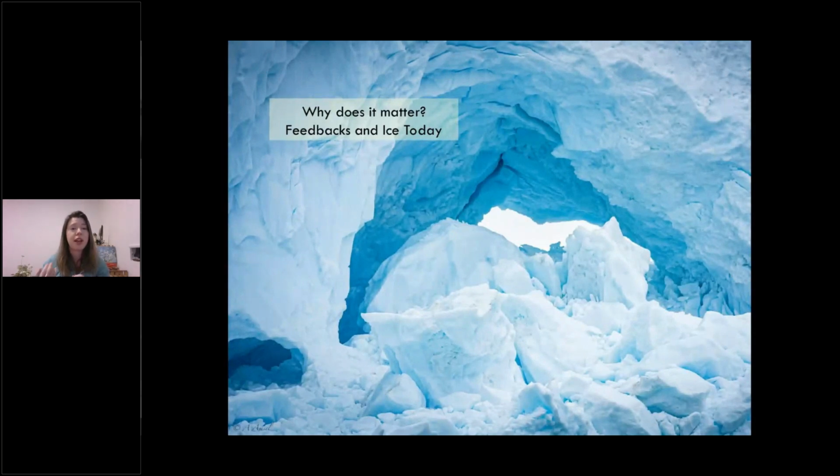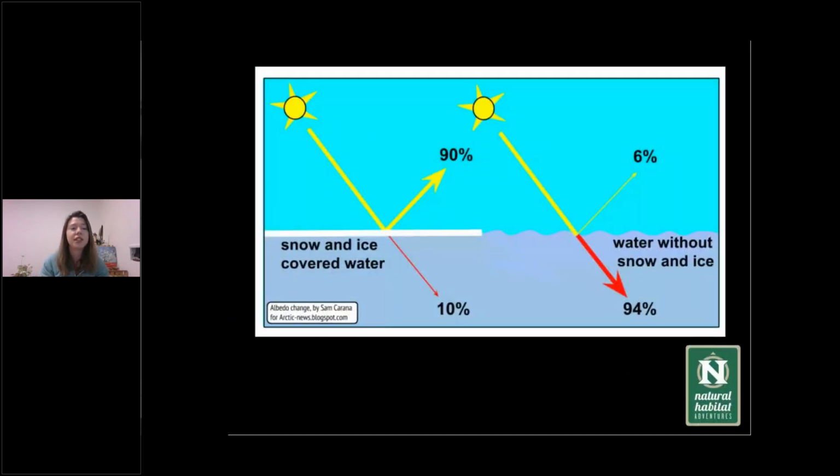So there's an effect that we have called the albedo effect. And you can see here, obviously, our beautiful white substrate, our snow and our ice reflects a lot of that solar energy, a lot of that heat. And without it, it gets absorbed into the water. And as that gets absorbed into the water, that water is actually increasing in temperature. Because it's that dark color, it's actually absorbing most of that light and it's increasing the rate of warming.